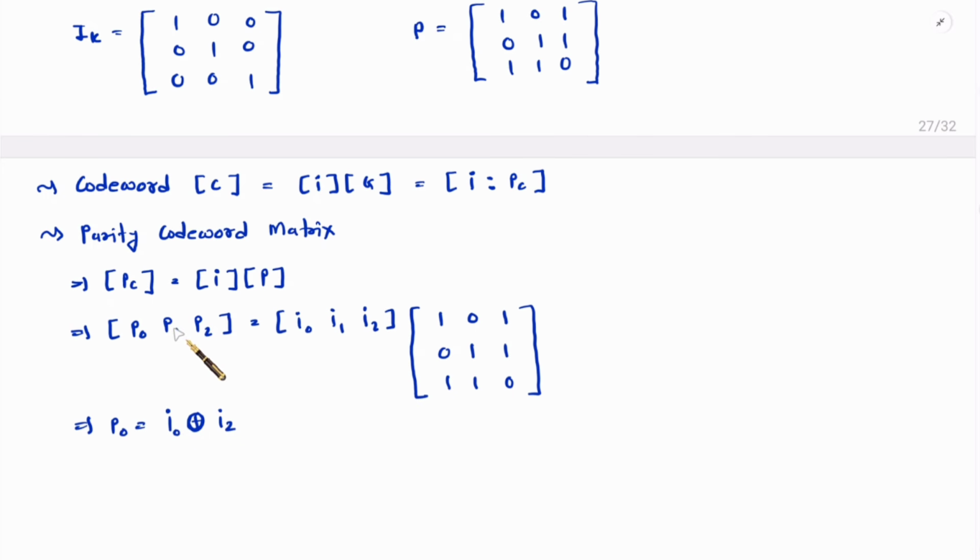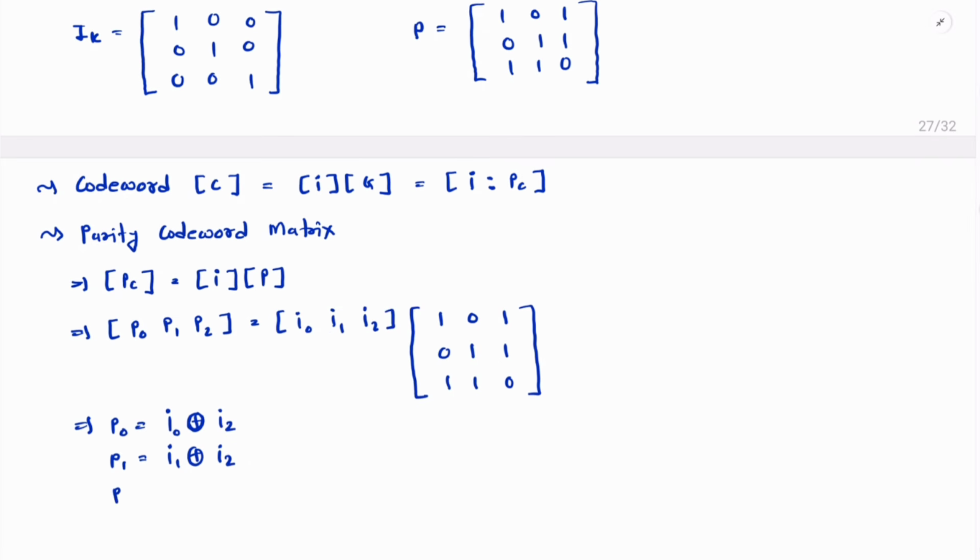Similarly, if you want to calculate P1, then that will be this row into the second column. So here we will have I0 into 0 plus I1 into 1 plus I2 into 1. So we'll have P1, that will be I1 XOR I2, right?